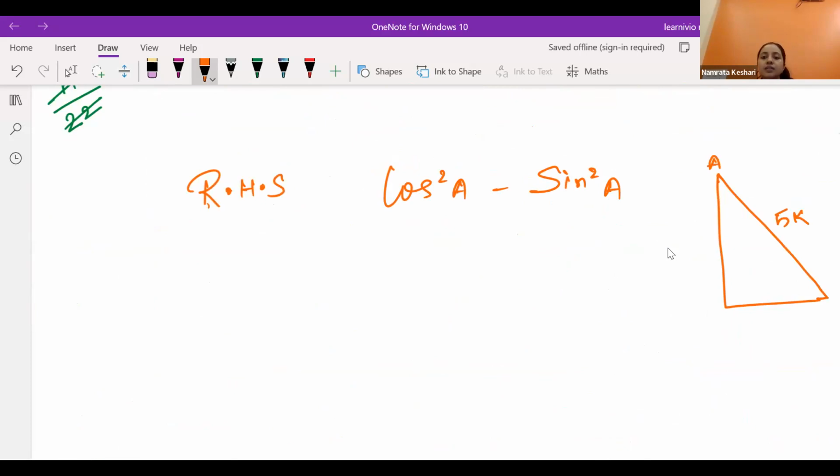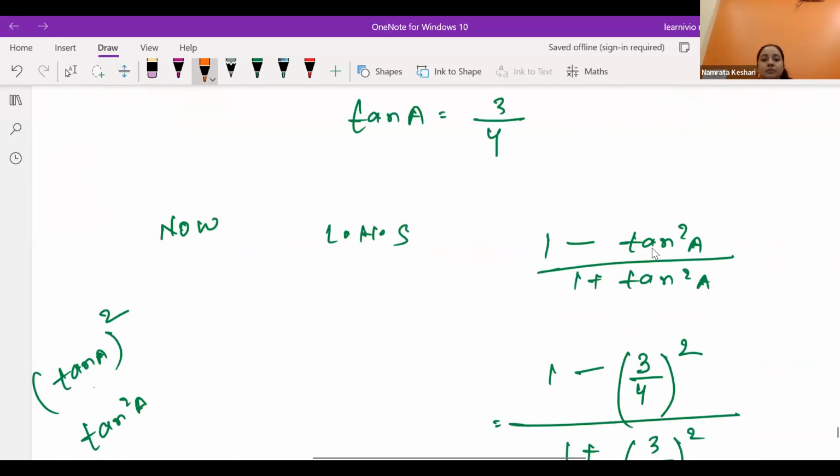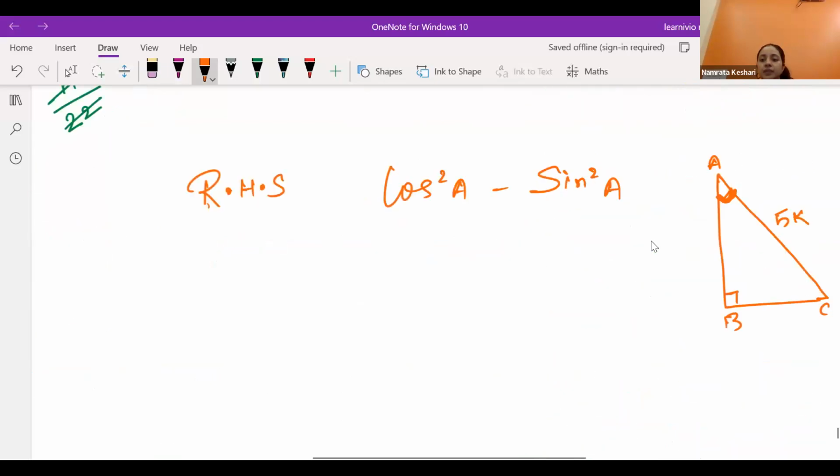This is A, this is B, this is C. Angle B was 90 degrees and we were focusing on angle A, and accordingly this was 3k, this was 4k.